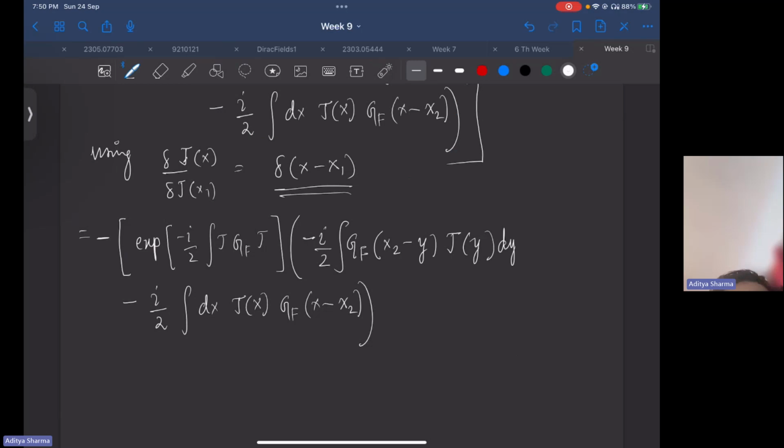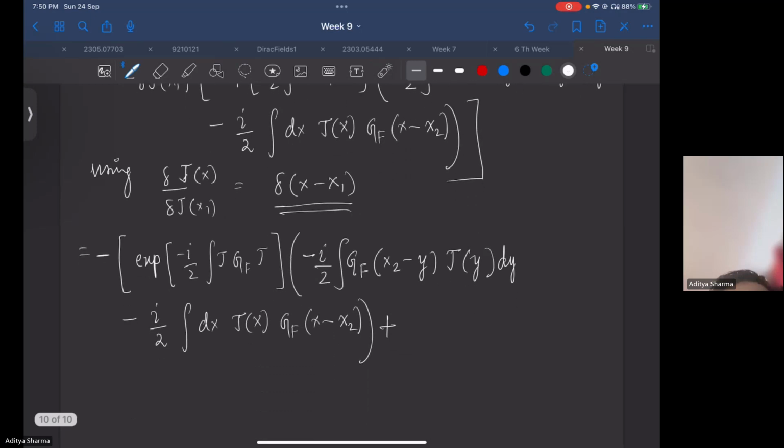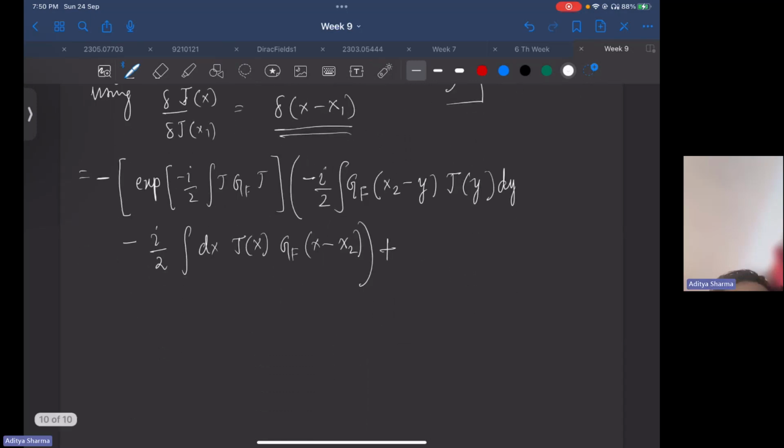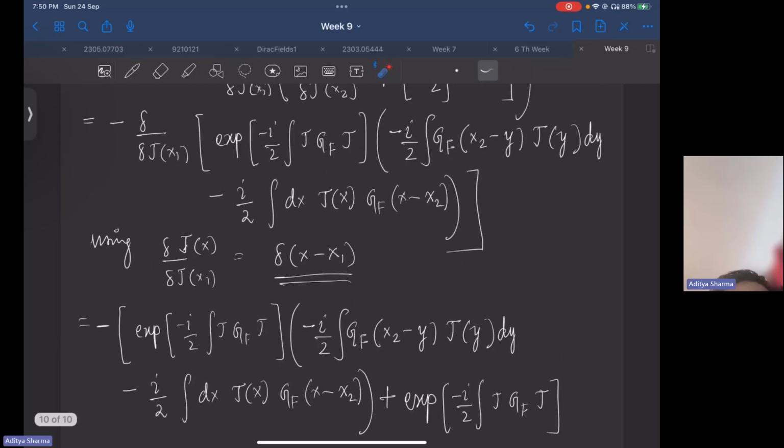Now the other part. So for the other part, you are going to have exponential. So what I'm doing is the product rule. So I have this part and this part.